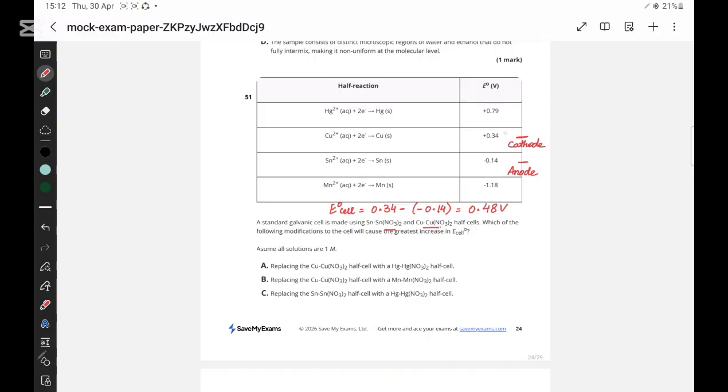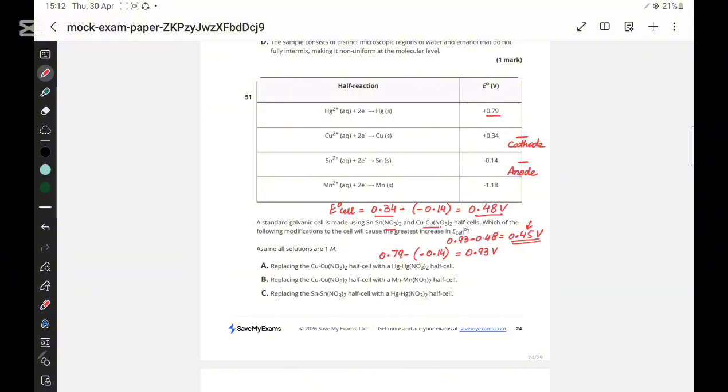So if copper is 0.34, and we are replacing it with Hg, then 0.79 will come here, minus 0.14, and the answer comes out to be 0.93 volts. If I subtract the original value, it is 0.93 minus 0.48, so it is going to be an increase of 0.45 volts. So this is the increase.